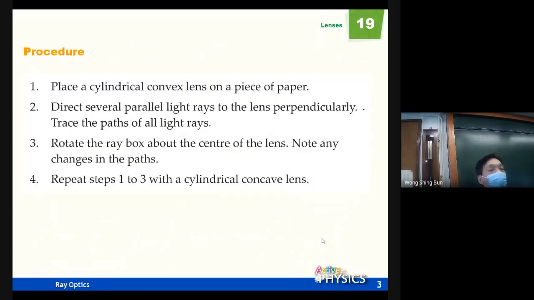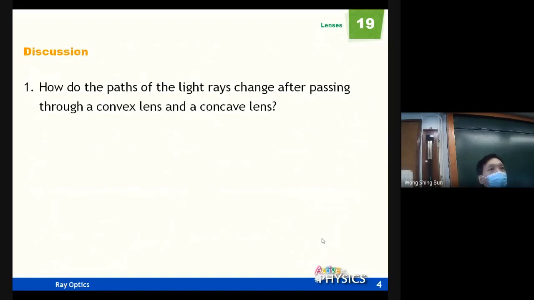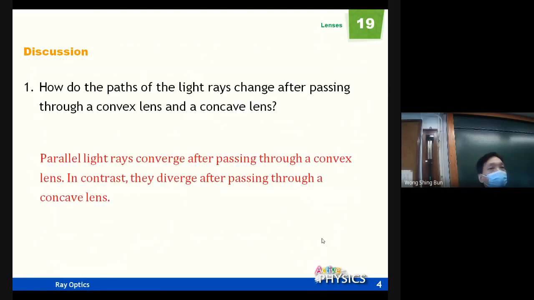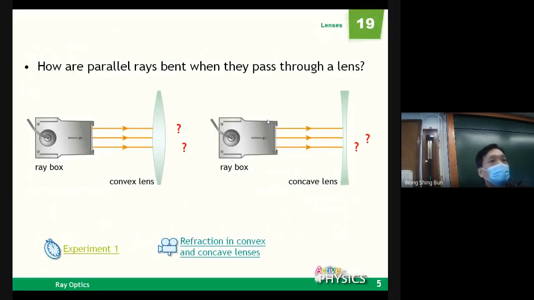It asks you how to do it, and then how the path of the light changes after passing through a convex and concave lens. This one is the discussion part. It is shown in your textbook already. Actually, we haven't this experiment. It is very difficult to see. We want to see the result first.